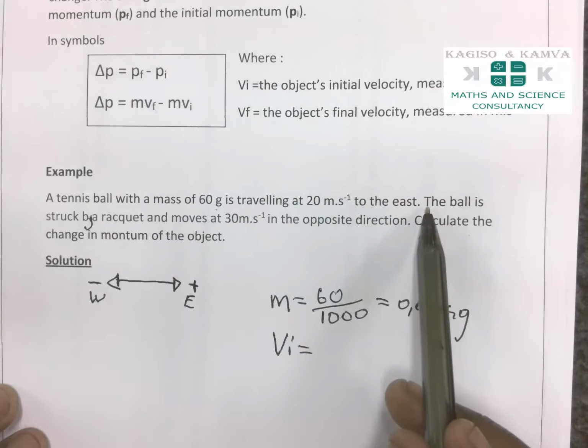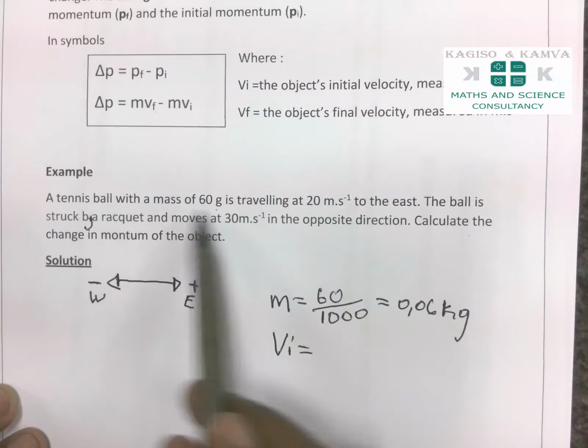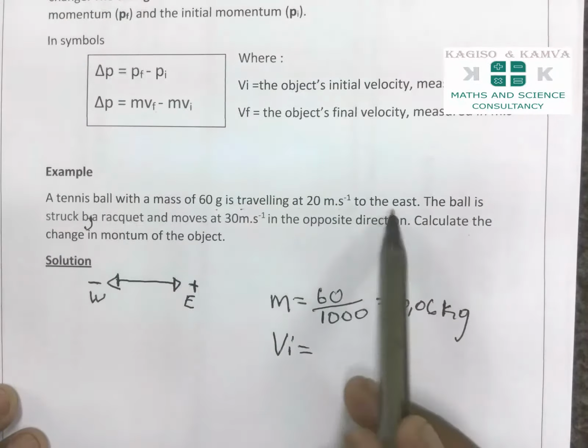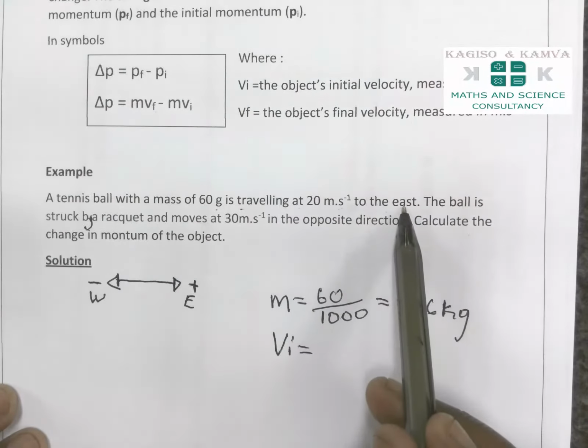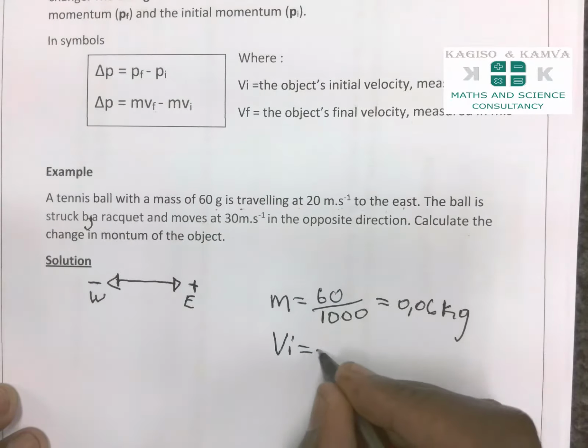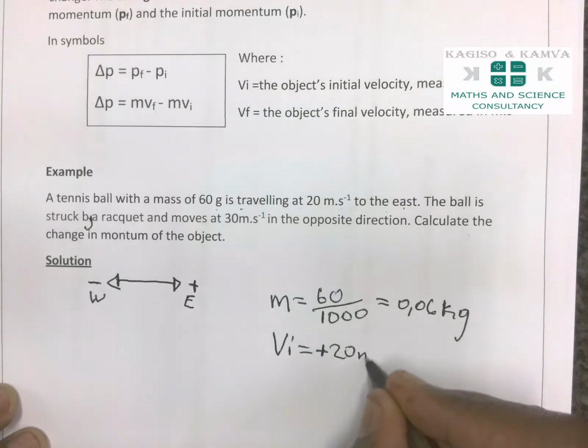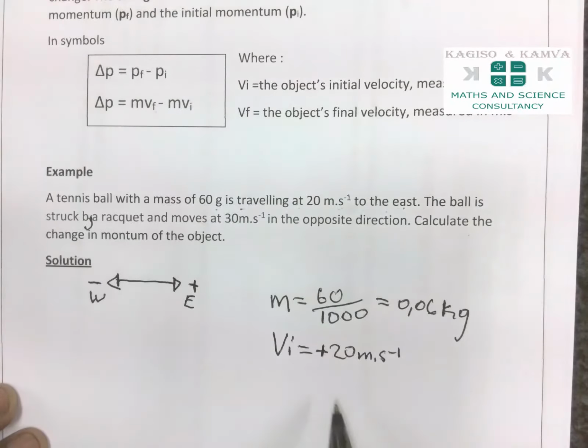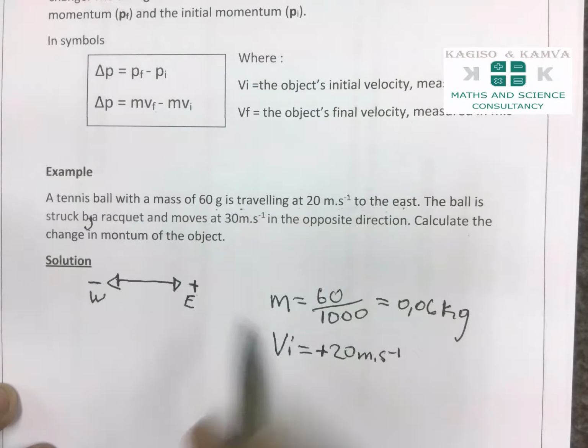The ball is traveling at 20 meters per second to the east, so this will be positive 20 meters per second, since east is positive.